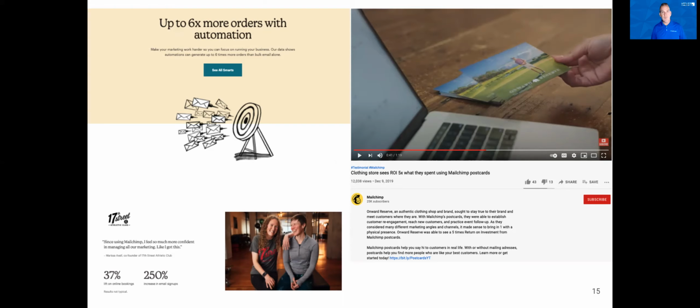Increasing orders by 6x, increasing online bookings by 37%, 5x ROI on a physical postcard campaign on their YouTube channel. While they don't effectively make any guarantees, and in fact, at the bottom, you see the results aren't typical for 17th Street, they do have some good claims here that would be useful to frame the value, communicate the value, and try to persuade or affect the perception of value by a customer.